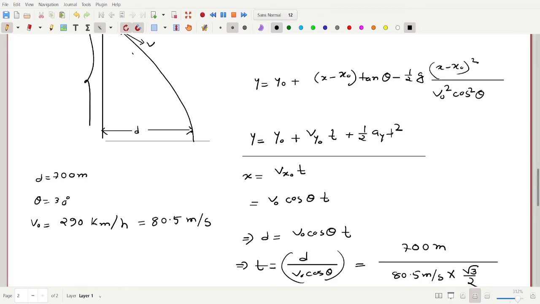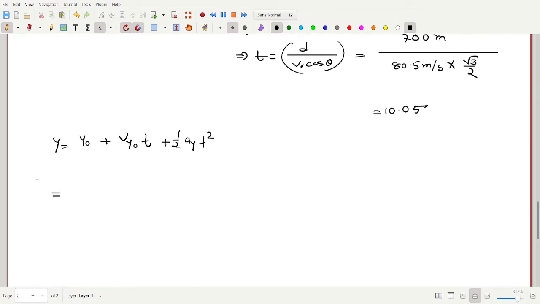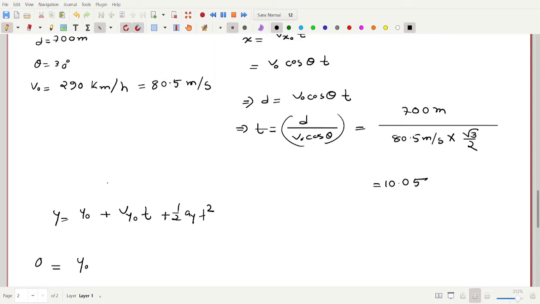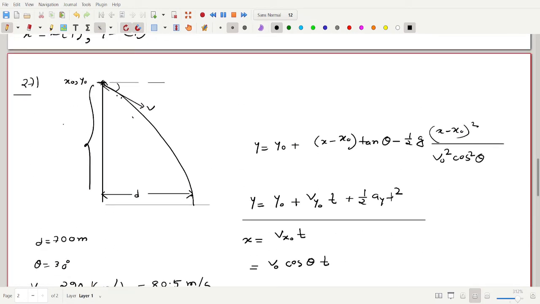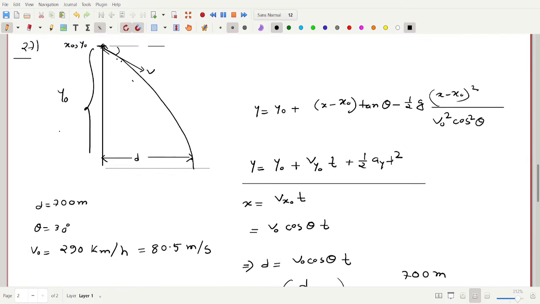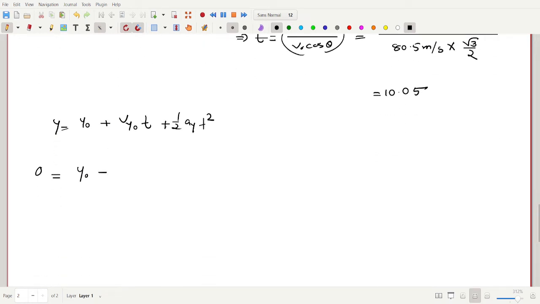At this point y equals 0, and y naught is basically the length, and then we need to calculate vy naught t. So vy naught t will be v naught sine theta t and minus half g t square.